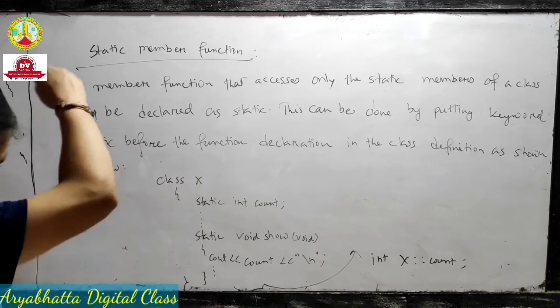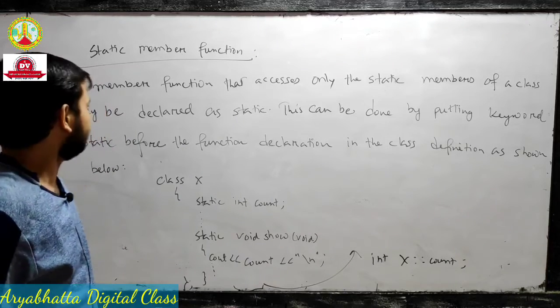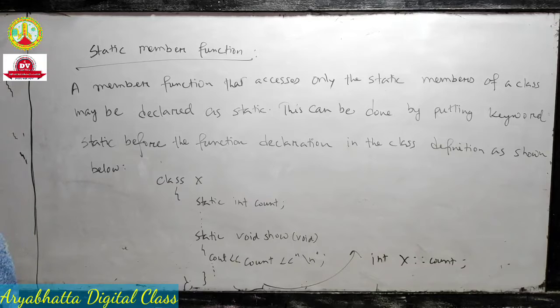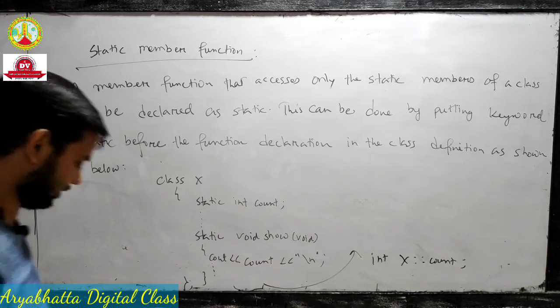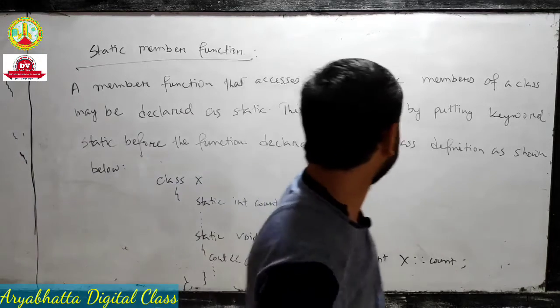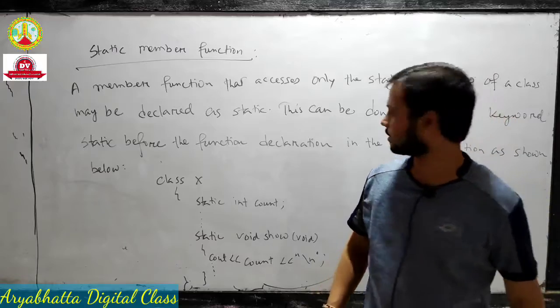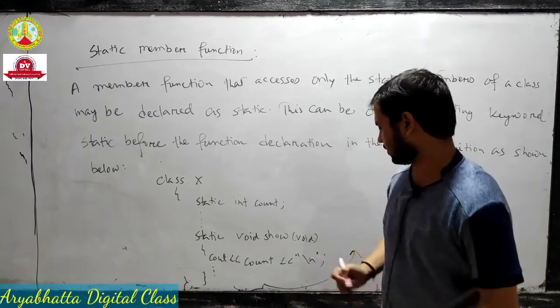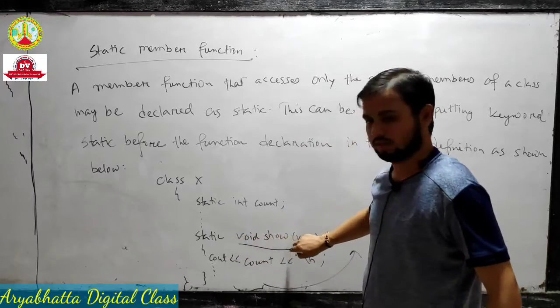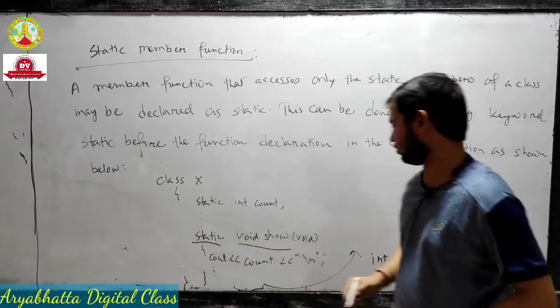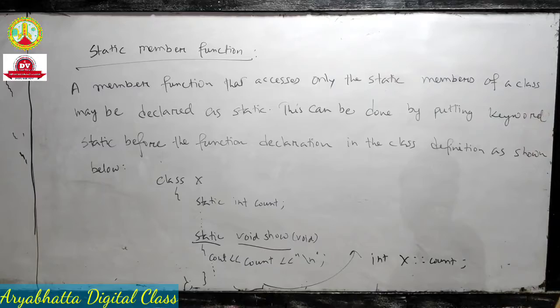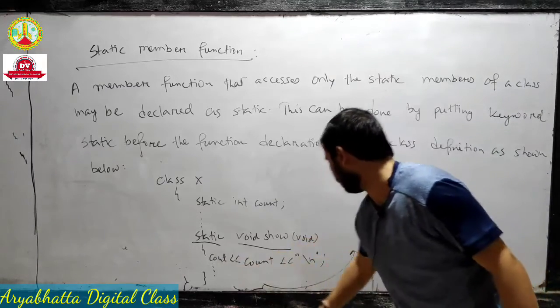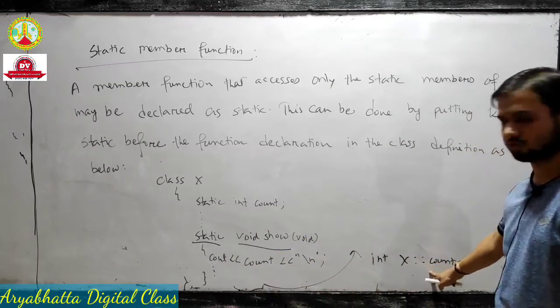For a static member function, a member function that accesses only the static members of a class may be declared as static. This can be done by putting the keyword static before the function declaration in the class definition as shown below. Here the member function is this, and this keyword static we used. And after this below you write int x and scope resolutor count.